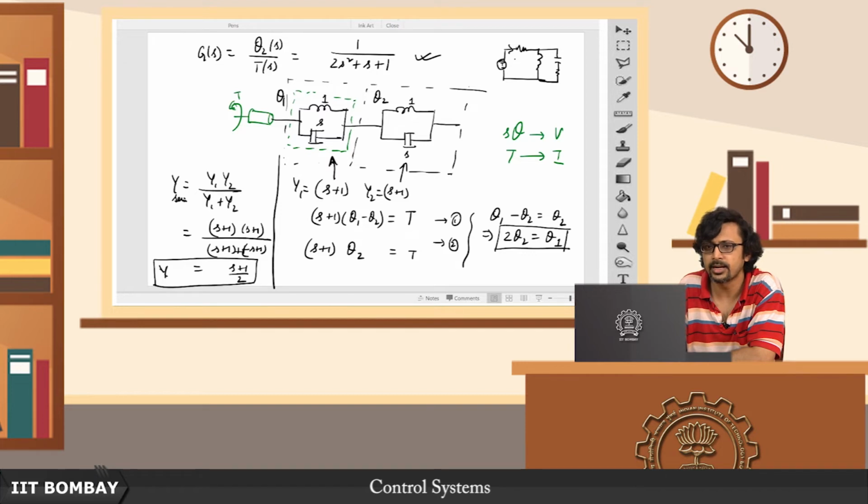Instead of writing these two loop equations, you might as well take this impedance as Z1 and this impedance as Z2, and then you take Z1 Z2 upon Z1 plus Z2 as equivalent, plus let's call this Z3. So instead of taking loop equations, this is what you do to reduce your effort.